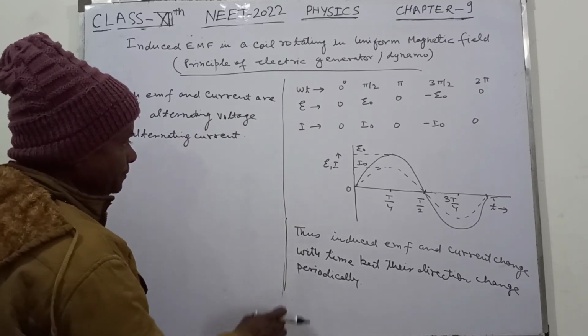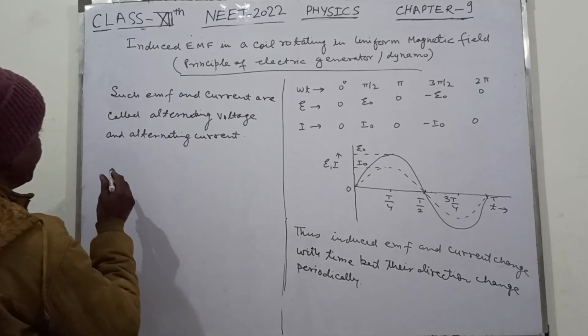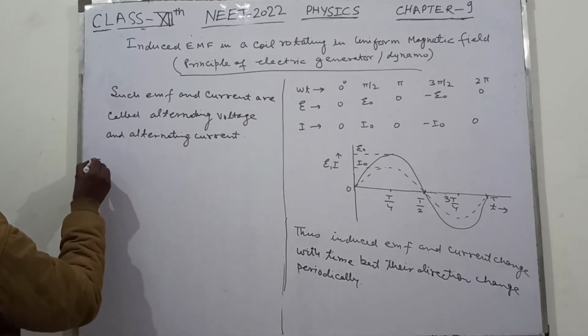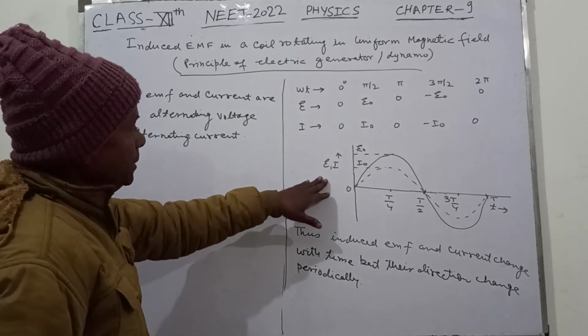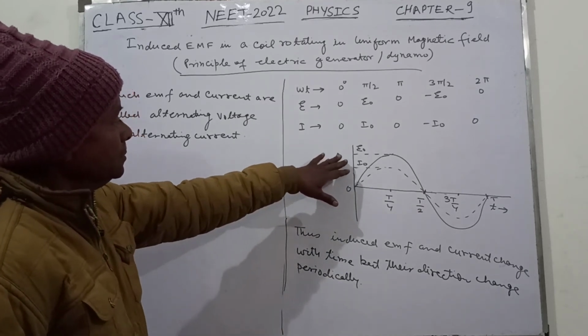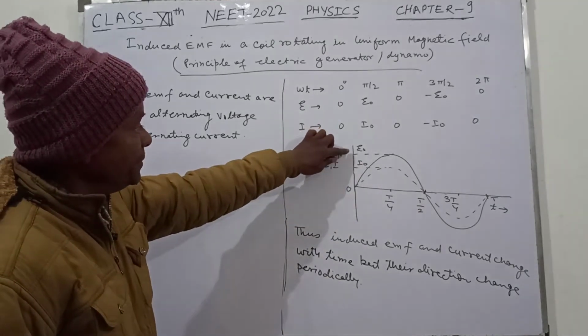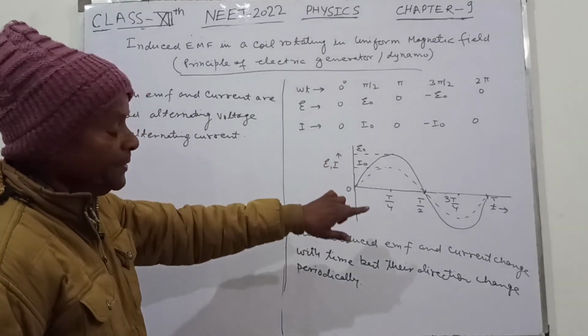So you see, here the value of this E naught and I naught remains the same.